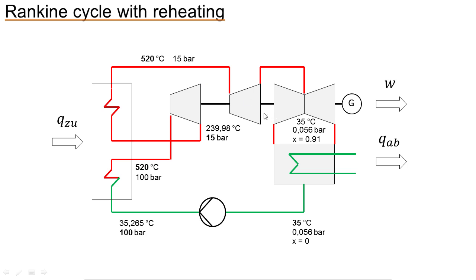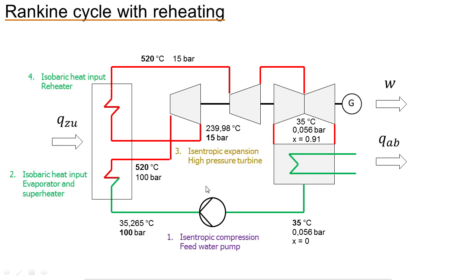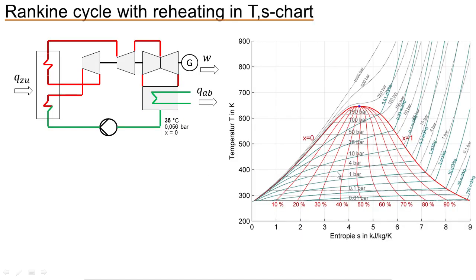That way I get out superheated steam at a low pressure. And if we look at the, okay, you know what's happening now. You have isentropic and isobaric processes everywhere here. That way you can paint the process like this.